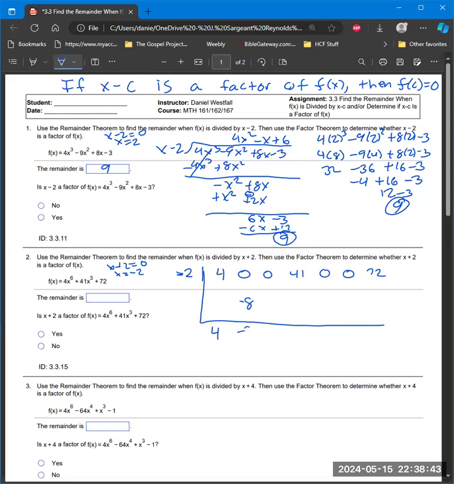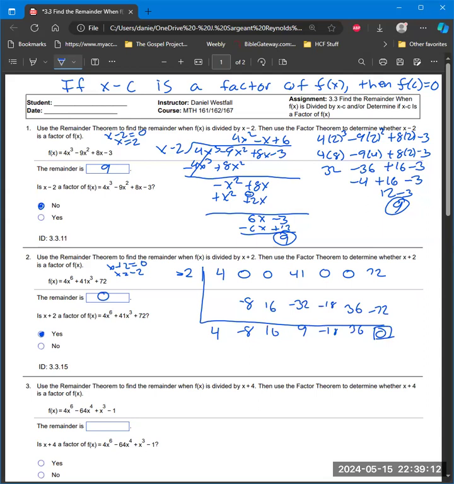So I'm going to bring down, multiply and add, multiply and add, multiply and add, and that's my remainder right there. So yes, that was a factor because it has a remainder of 0.